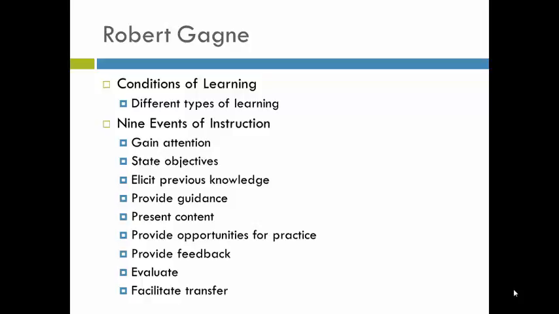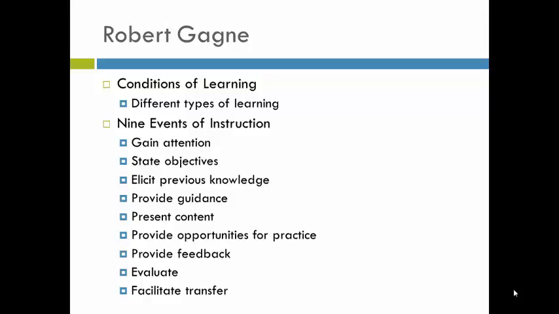These events are gain attention, state objectives, elicit previous knowledge, provide guidance, present content, provide opportunities for practice, provide feedback, evaluate, and facilitate transfer. Now keep in mind that Gagne presented these events of instruction in the 1960s, and we still use them in current practice.